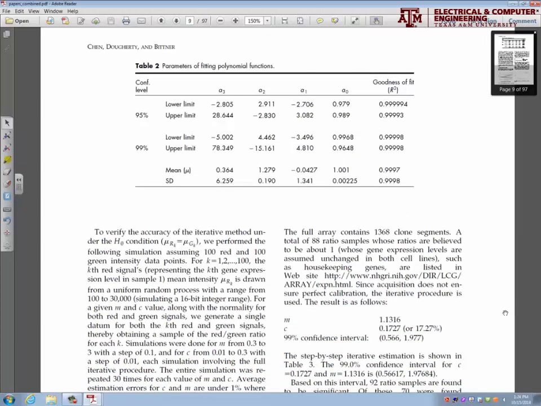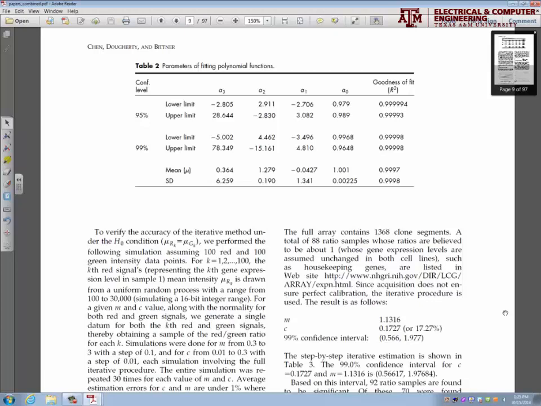And then using this density function, they came up, for 95%, with the lower limit for different values. Or, instead of working with the density function, you just fit a polynomial to it, with parameters A0, A1, A2, A3, like a third order polynomial, right?